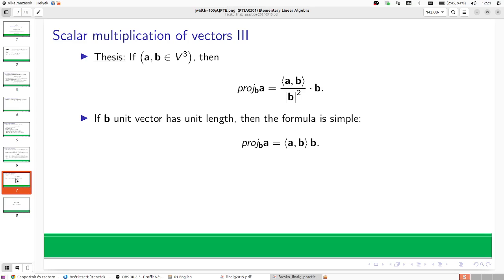I mean, this is a perpendicular line from B to A, and then this will be the vector, the A's projection to the B. So this one.